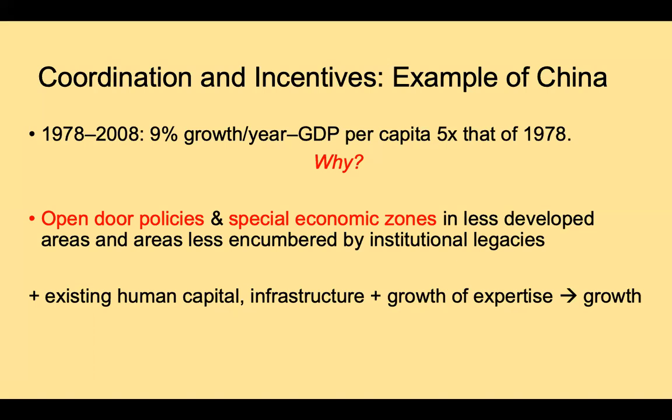So what you have is incentives luring in investment into special economic zones, and government efforts to promote human capital and skill acquisition in the same area, in places that are less entrenched in those original communist economic institutions. And the result, from the perspective of the coordination-based models, is growth.